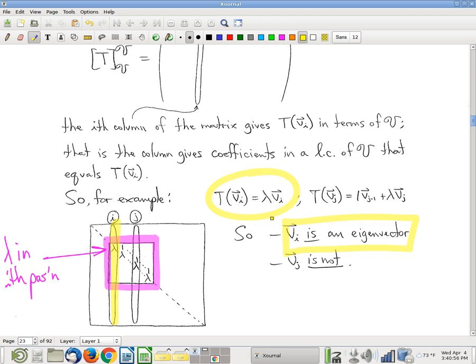Okay, cool. Let's take a look at another column. Let's look at not the first column, so any of these other columns. Now, I have an observation to make about these other columns. The observation is that because they're not the first column, because they're a little over to the right, there's going to be a 1 just above the diagonal.